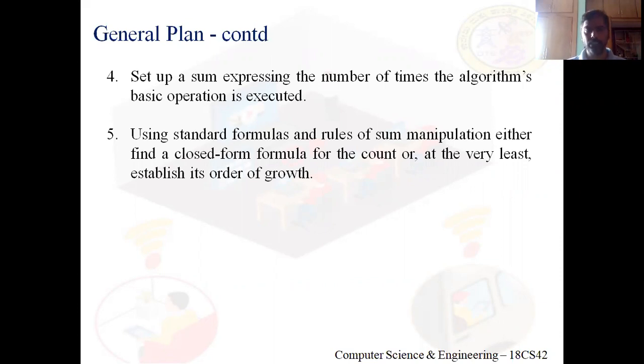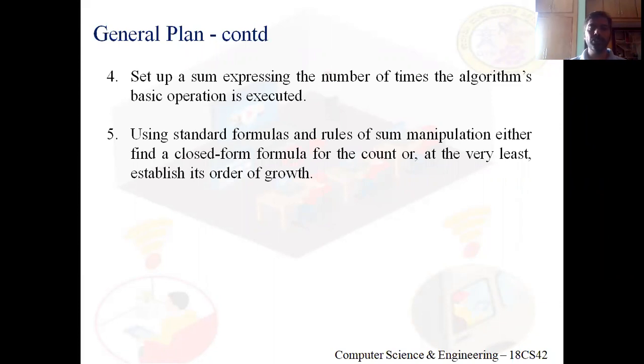The fifth step says that once we have set up a summation, we need to solve that summation, and solving that summation gives you the exact basic operation count. You need to solve the summation using mathematical induction, which you have studied in your discrete mathematical structures.